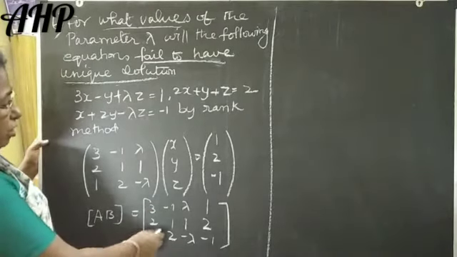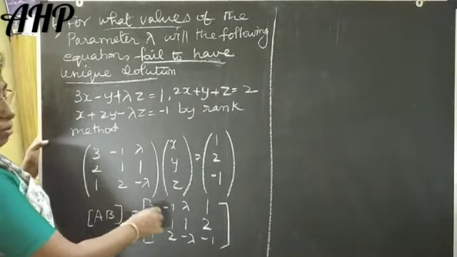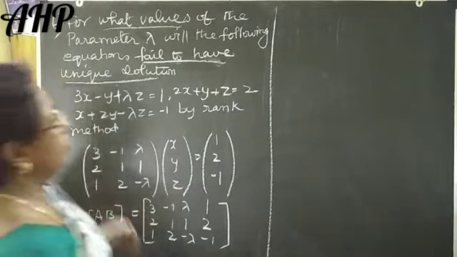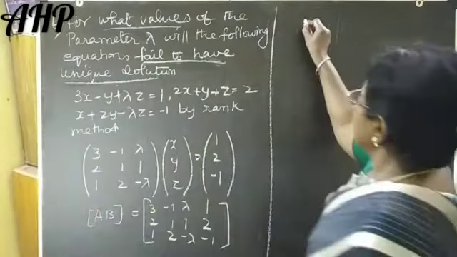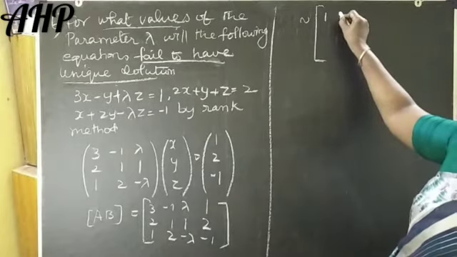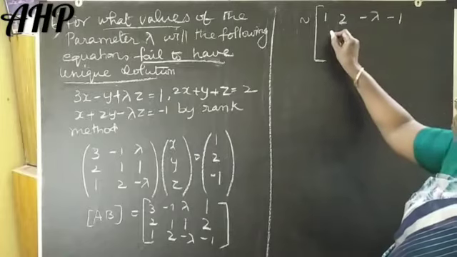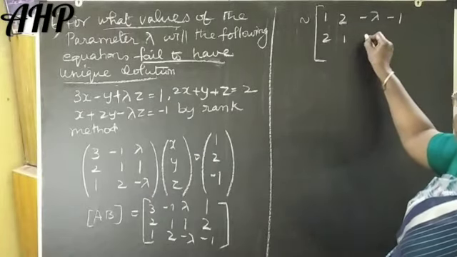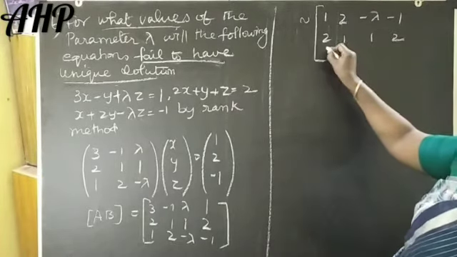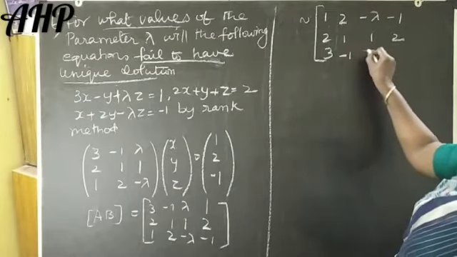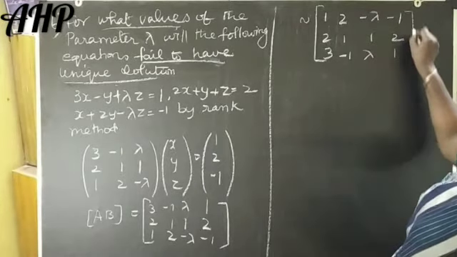Hence, changing R1 to R3 and R3 to R1, we get this is equivalent to [1, 2, minus lambda, minus 1; 2, 1, 1, 2; 3, minus 1, lambda, 1].